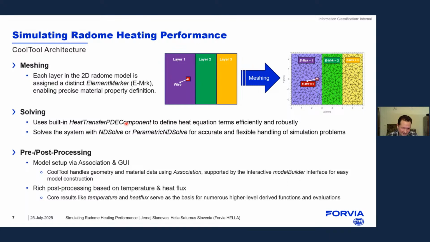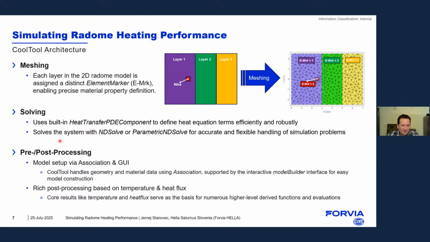Before we were using this, we were manually setting up equations, and this was like a day and night difference compared to what this offers you, because the system of equations is really handled and defined elegantly. Then when we have the system of PDEs, we use NDSolve or ParametricNDSolve to solve the problem at hand.